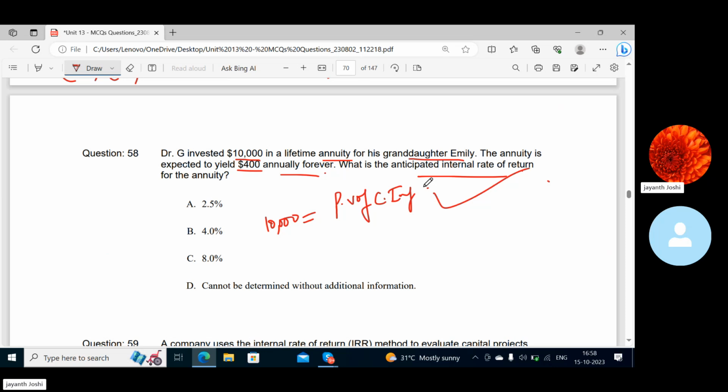So now, 10,000. IRR is the discount factor at which your present value of cash inflow is equal to present value of cash outflow. Either we can do one thing.